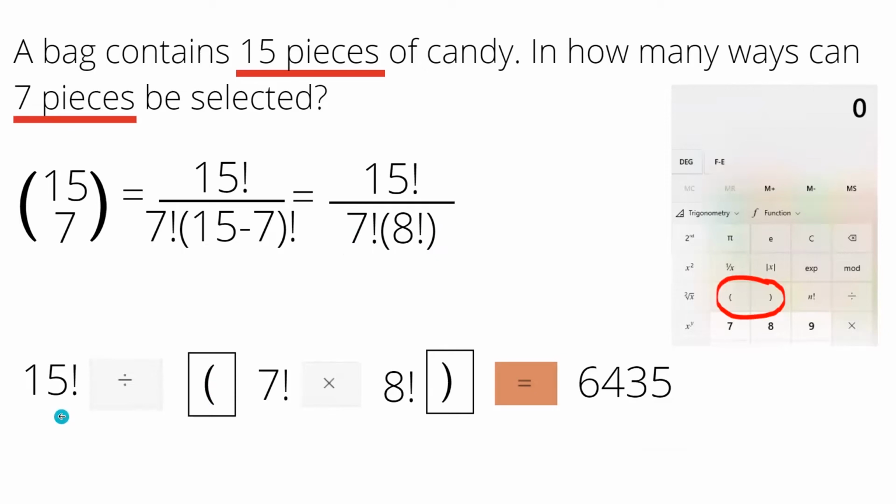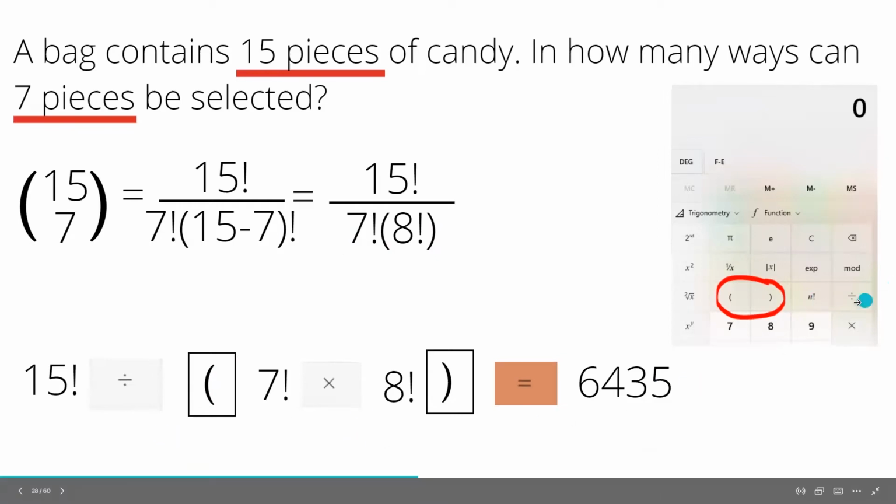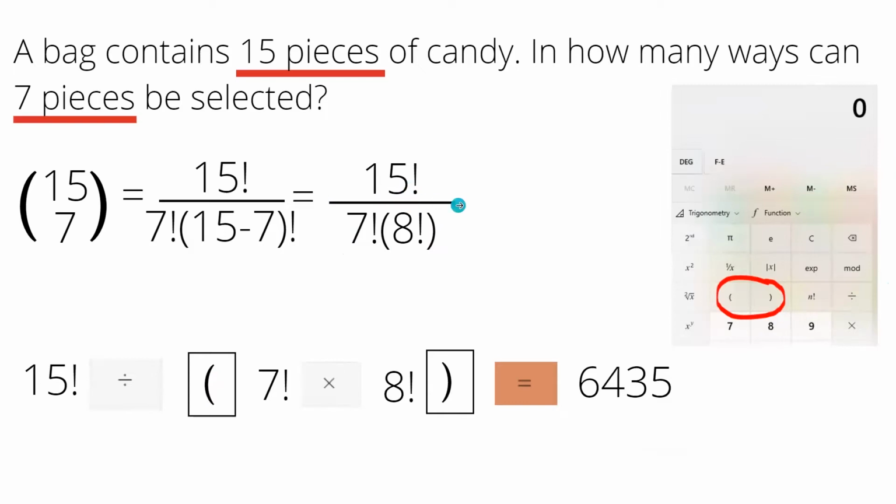The first thing you would do on your calculator, you know how to do 15 factorial. You just type in 15, and then you hit the factorial. And then you're going to hit divided by. So that's 15 factorial, and that line right there means that you're dividing. Now we're going to do our denominator, and we need our denominator to stay together. So I'm going to use the parentheses.